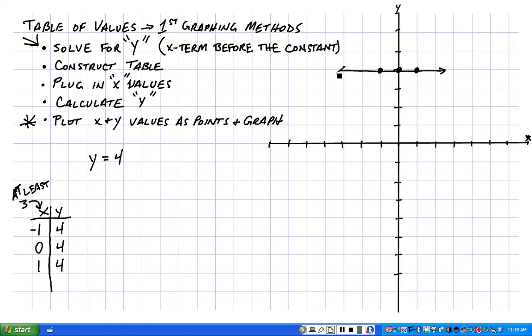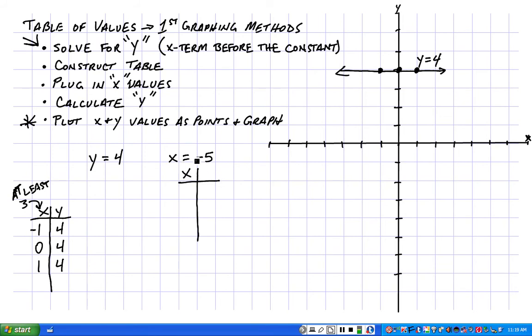of y equals 4. Now, let's say, on the other hand, you had an equation like x equals -5, and you need to use a table of values again.